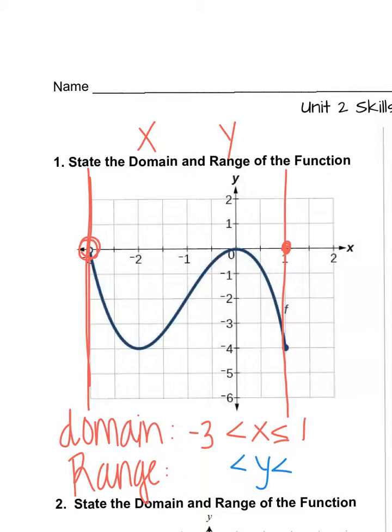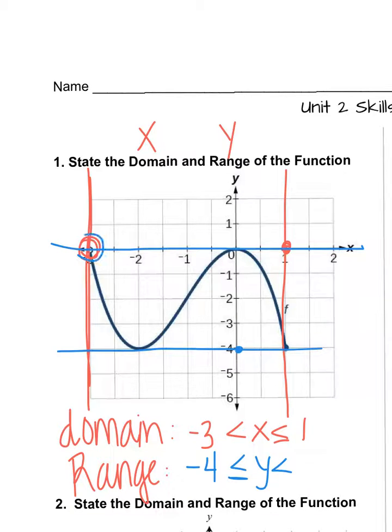For our range, we're going to go from least to greatest, so that's bottom to top. So our lowest value is here. Closed dot at -4, so we'll put or equal to. And then our highest value is here at 0.